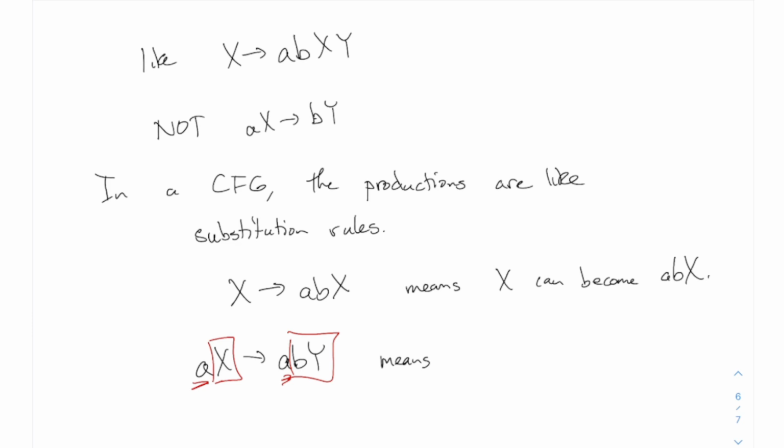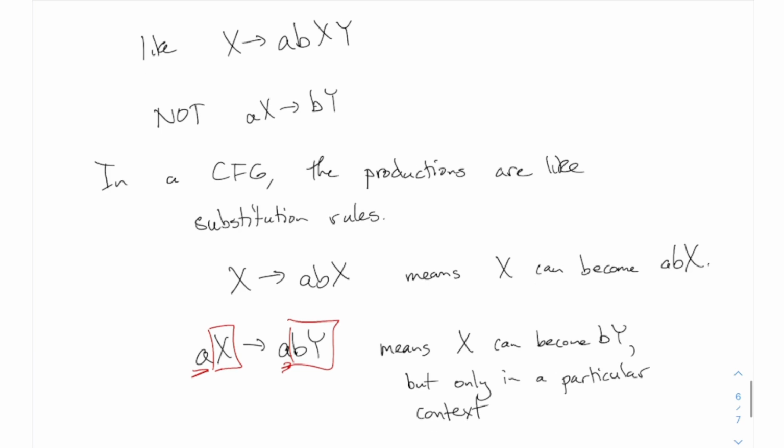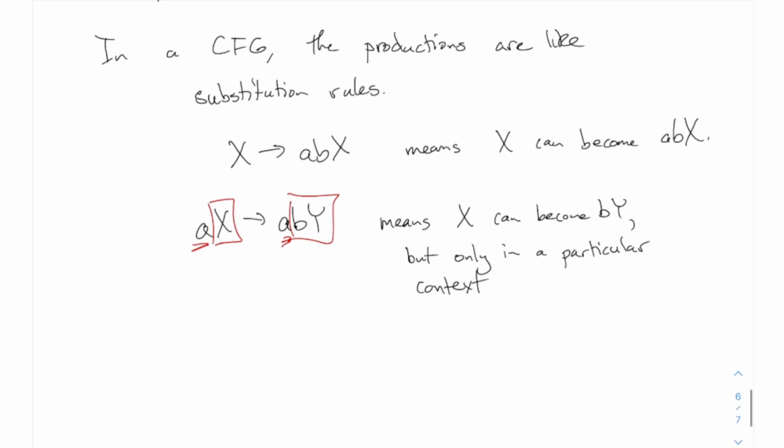So this rule means X can become bY, but only in a particular, I'm going to use the C word, context. That's why the word context-free is used here, all right? X can become bY. In a rule that looks like that, it means that X can be substituted and turned into something else, but only in a particular context.